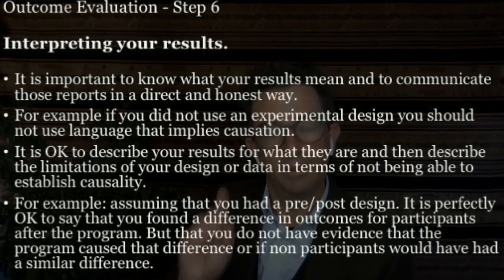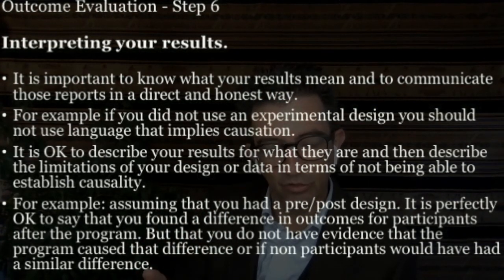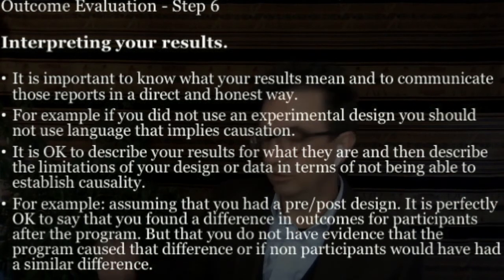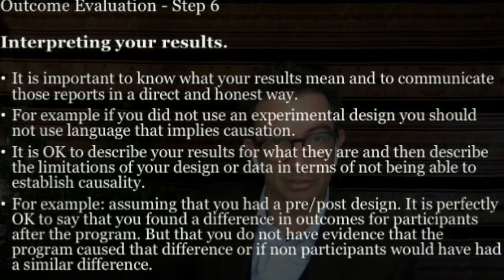When you do not use a randomized controlled trial, you should not use causal language, right? You should not say that the program caused this change. You should refrain from that. You should say, we see some differences, but we cannot say that these are causal, right? That would be the way to do that.